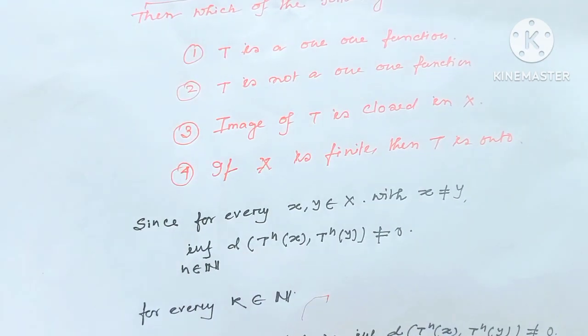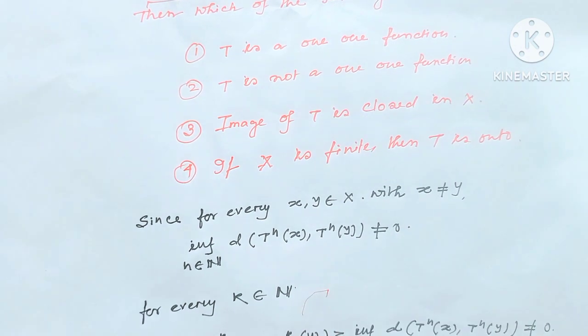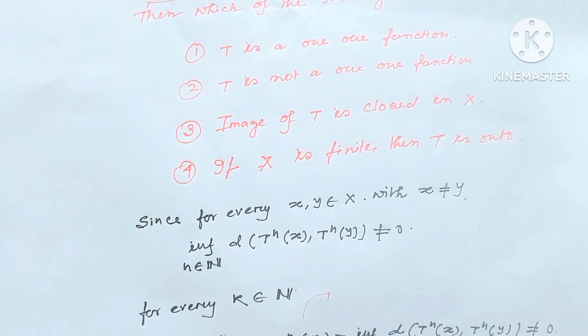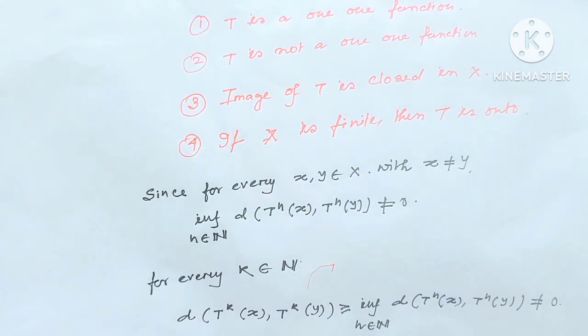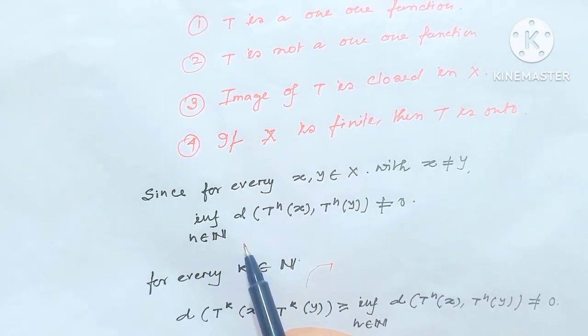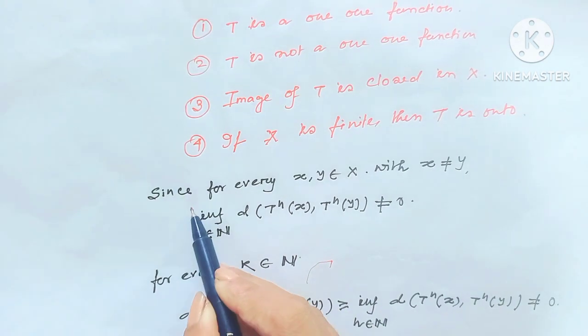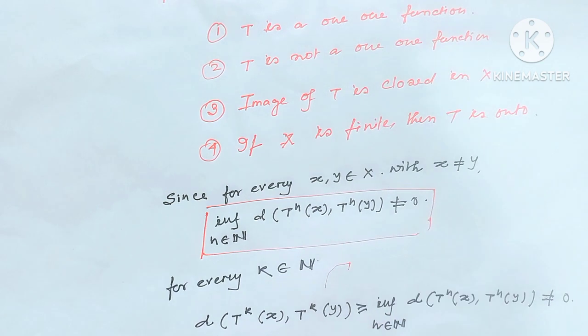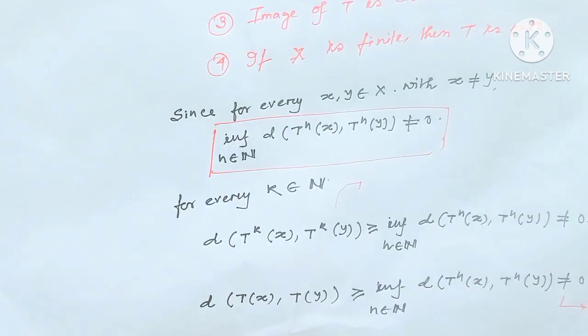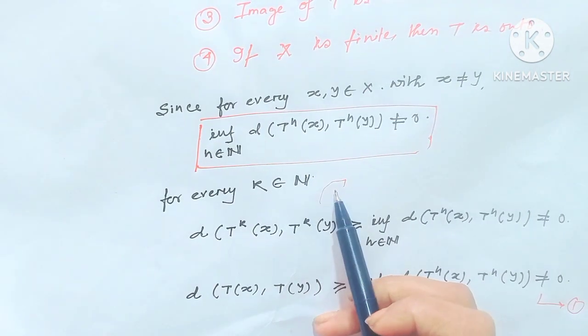Here, the condition is that for all x, y in X with x not equal to y, the infimum over n in the natural numbers of d(T^n x, T^n y) is not equal to 0, and this is true for every k in the natural numbers.